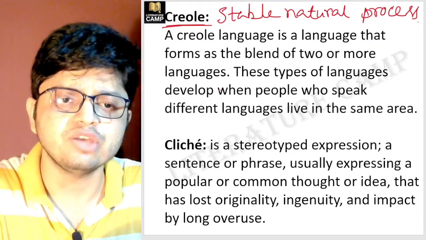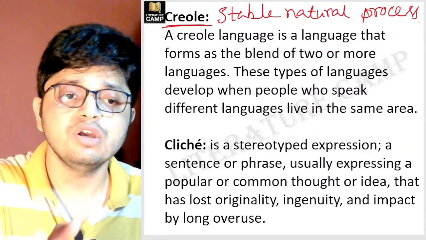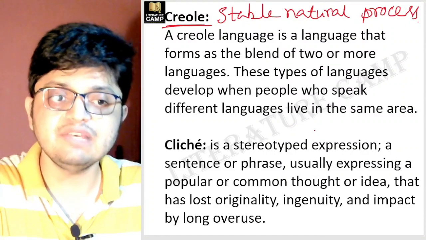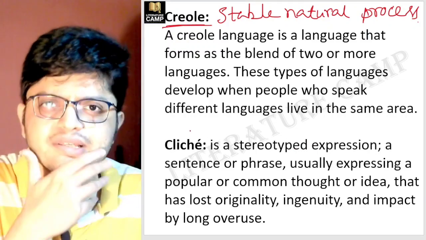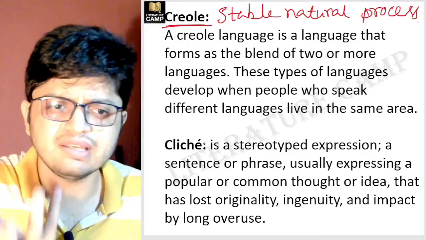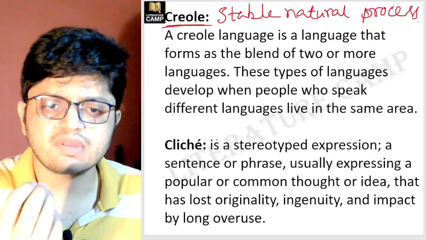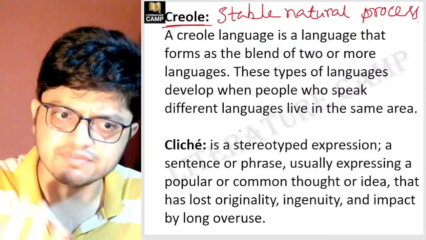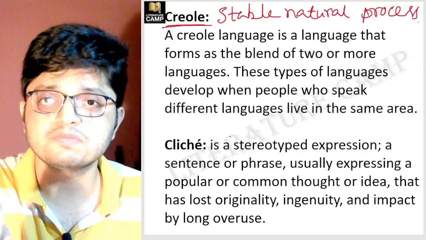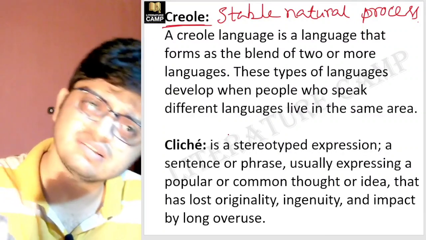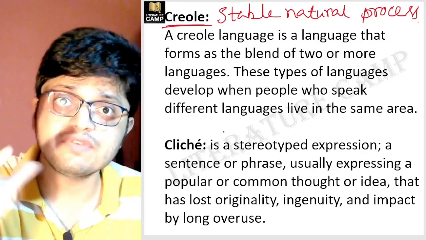These types of languages develop when people who speak different languages live in the same area. The same example, for example, in Kolkata, many types of people live whose first language is Hindi, whose first language is Bengali, whose first language is English. They live together, so it depends on the geographical locale.